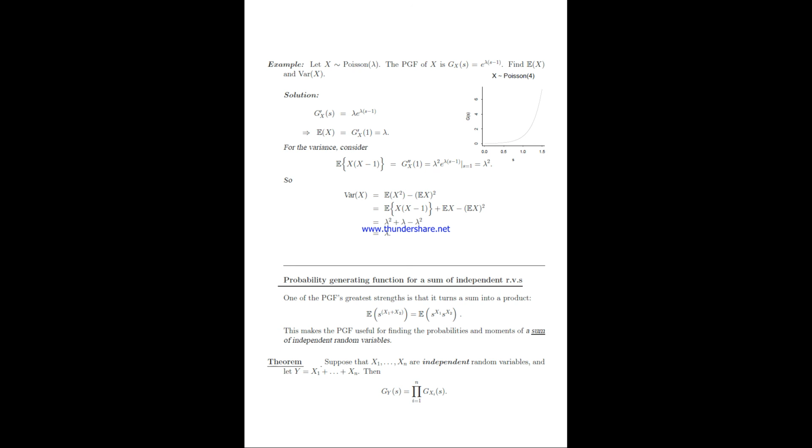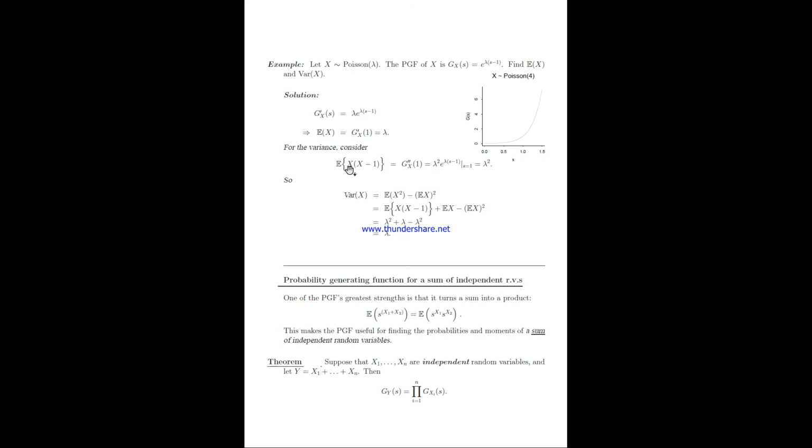When it comes to variance, we know the variance is equal to the expected value of x squared minus the expected value of x, the whole thing squared. The expected value of x is lambda, so we can substitute lambda squared. But now we have to find the expected value of x squared. For that, I'm going to take x into (x minus 1).